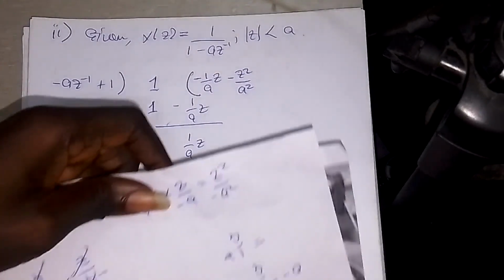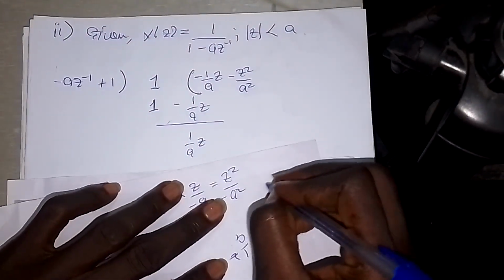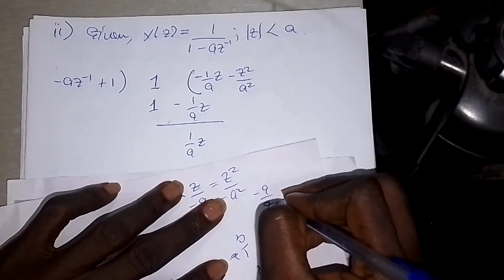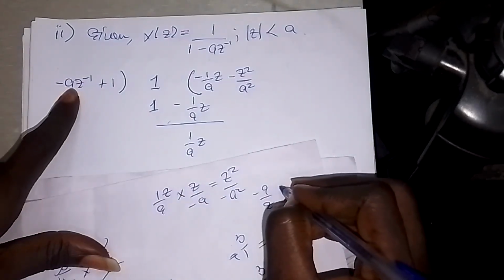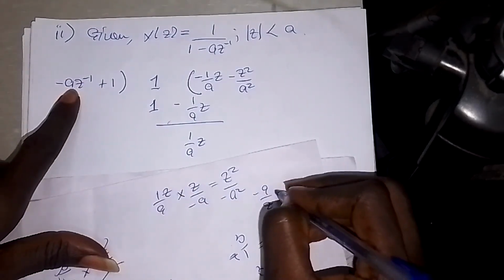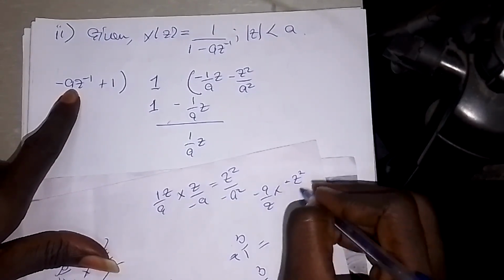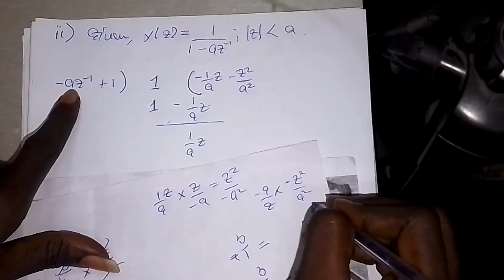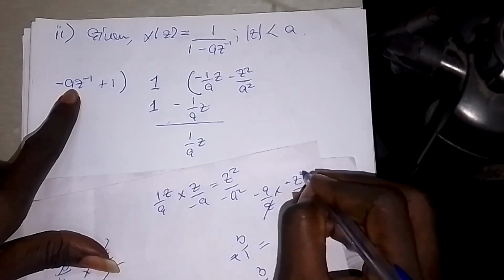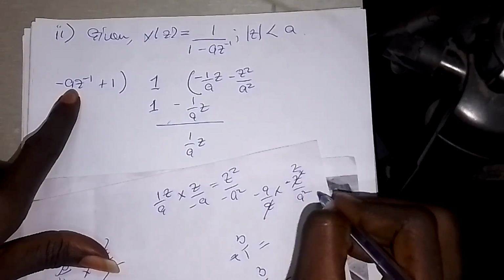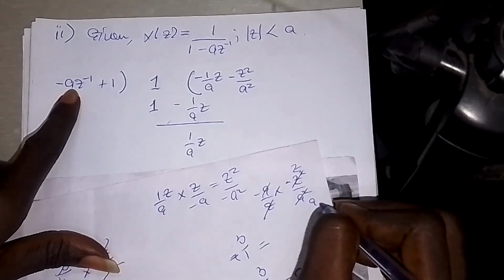Now what I will do is that I'll just have minus a over z, times minus z squared over a squared. So now this will cancel this, I'll have z here. This will cancel this, I'll have a here.